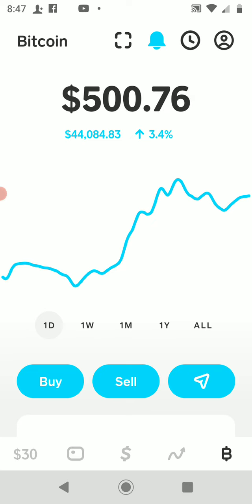So as you can see, I have a balance of $500.71. Now, over the past 24 hours, I've taken a profit of $30, as you can see down in the bottom left-hand corner there. Bitcoin has been going up the past few days.